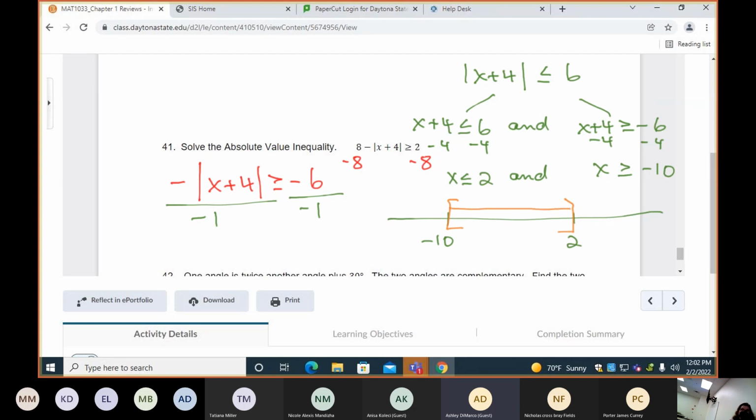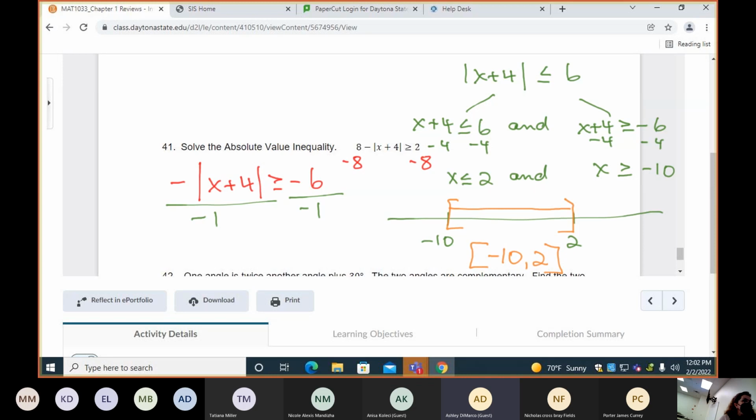In between those two. Greater than -10 goes this way, less than 2 goes that way. The interval notation is [-10, 2]. Done you are.